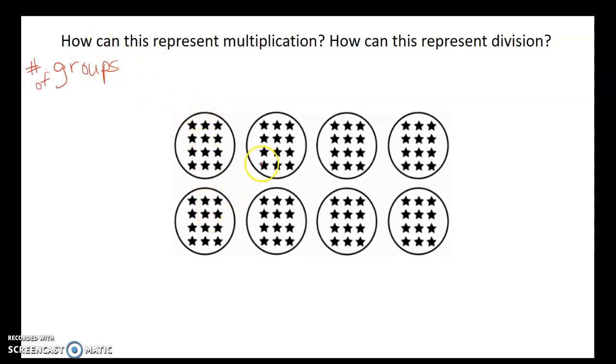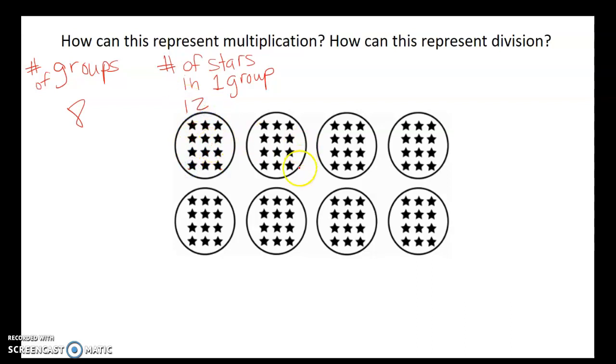So we have 1, 2, 3, 4, 5, 6, 7, 8. Then we need to know the number of stars in one group. All right, so we have 1, 2, 3, 4, 5, 6, 7, 8, 9, 10, 11, 12.